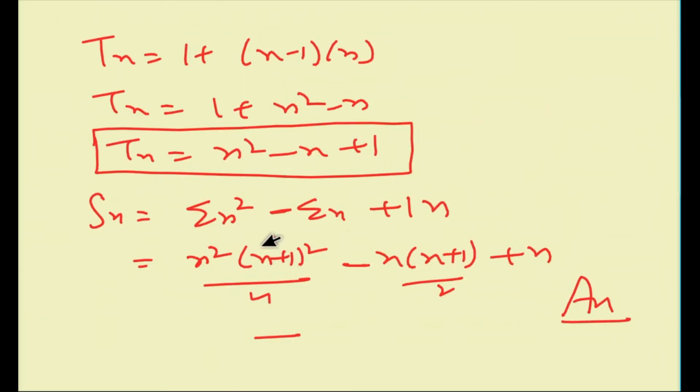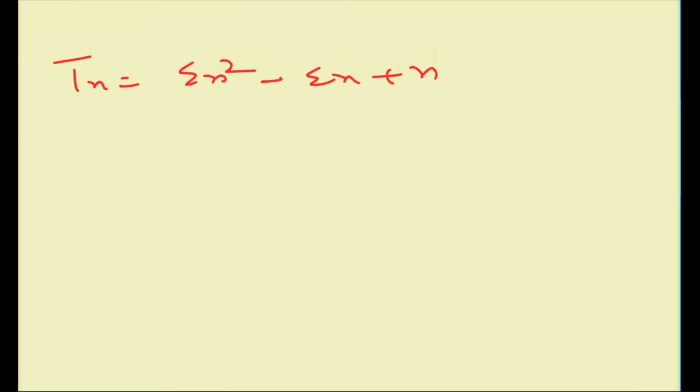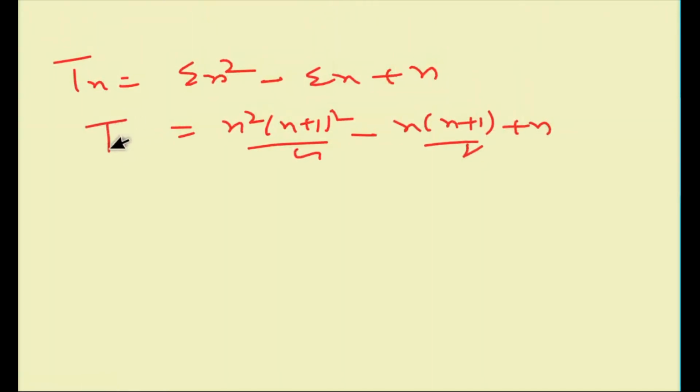You can see sigma n square minus sigma n plus n. So you can see this one is Tn now: n square (n plus 1) square upon 4 minus n (n plus 1) upon 2 plus n. Now this is Tn for the double difference method.